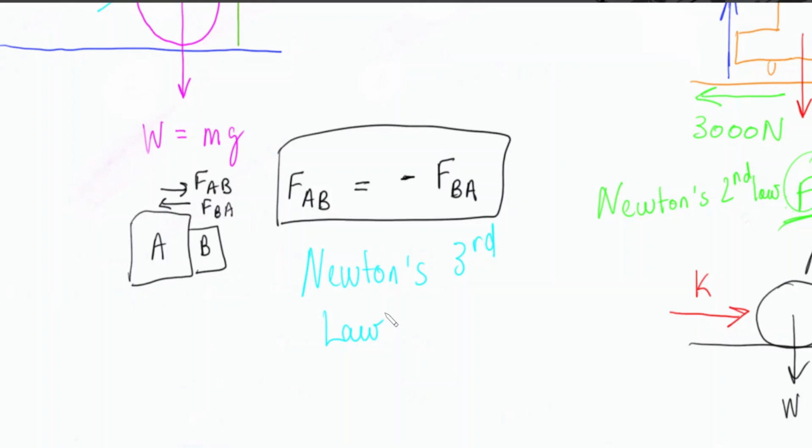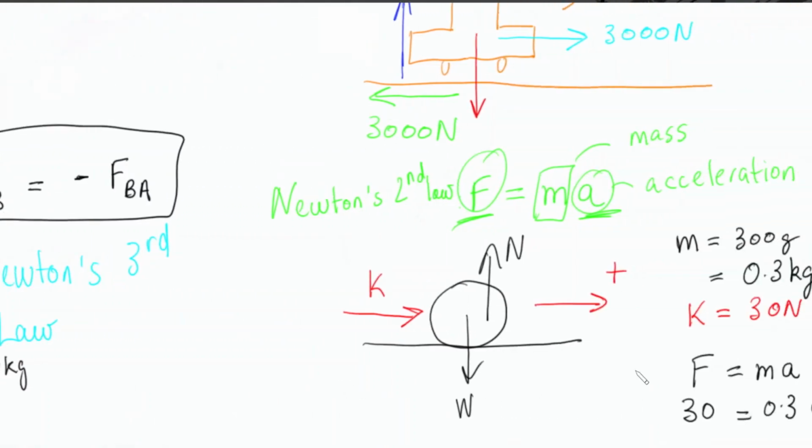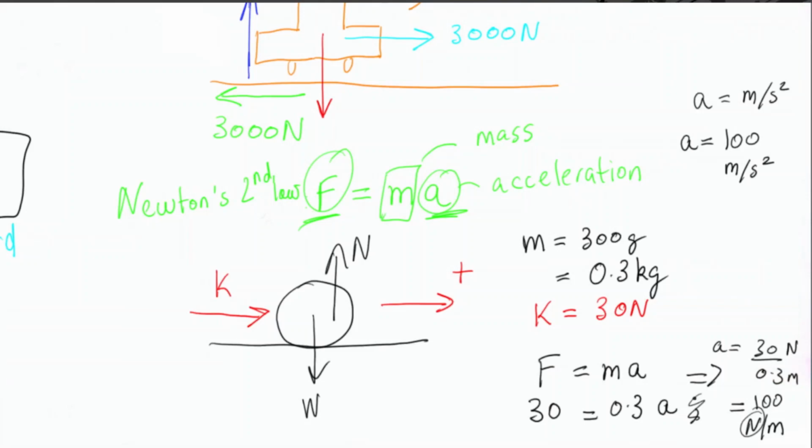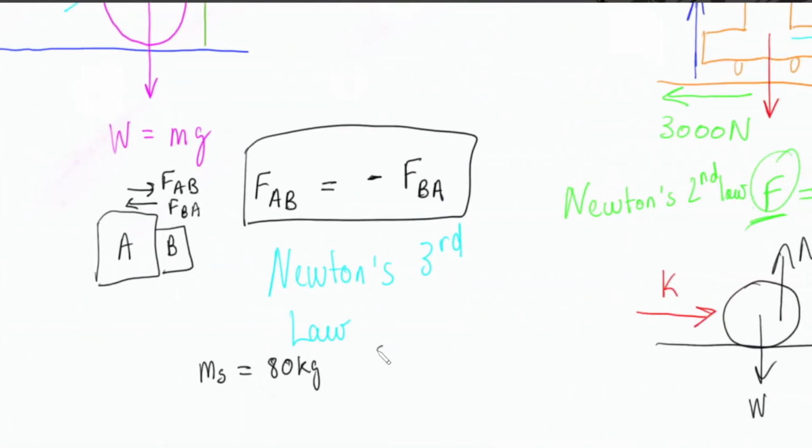So a mass of a leg, or mass of the kicker, would be, say, 80 kilograms. So let's say mass of the kicker, so call that MS, is equal to 80 kilograms. And the force experienced by the kicker would be opposite to the force felt by the ball. So the force on the kicker would be 30 newtons towards the left, so 30 newtons to the left.